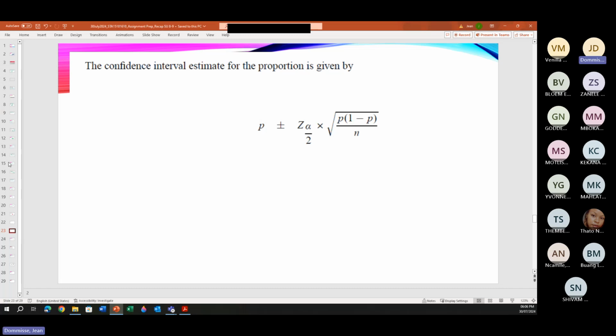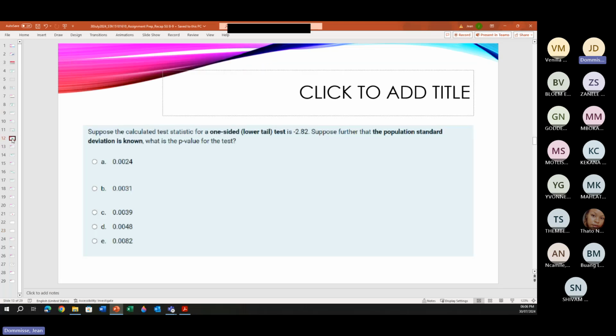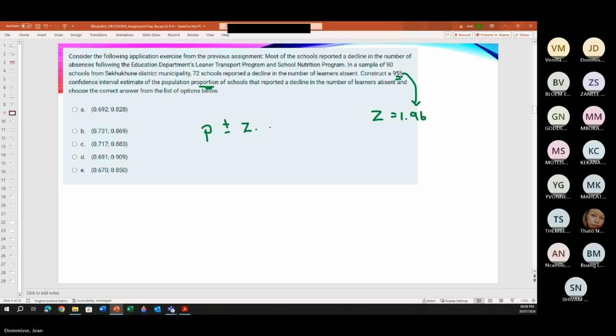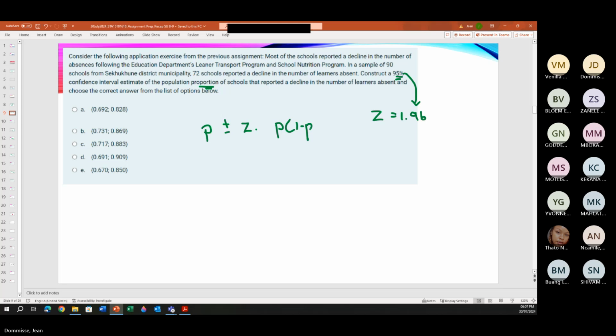P1 minus P, divided by N, and square root. So let's quickly see, in a sample of 90 schools, 72 schools reported a decline. The P is equal to 72 over 90.